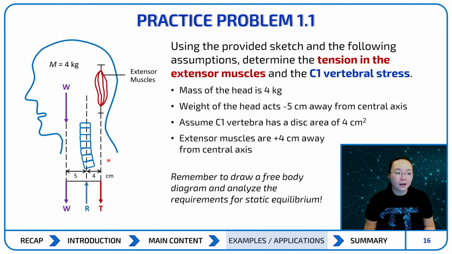One of the first hints that I can give is, when you're drawing the free body diagram, especially for torque, you have a weight or a mass that's acting on the axis on the left side, and then you also have tension acting on the right side. So between the two different forces acting on either side of something that can tilt, you most likely will have to use analysis of torque to start off.